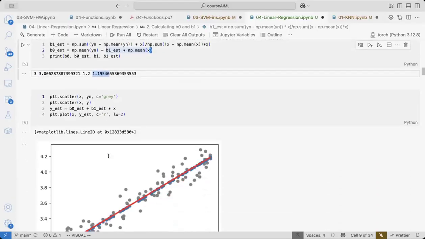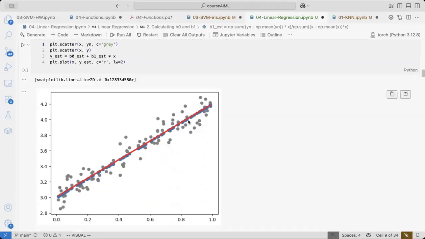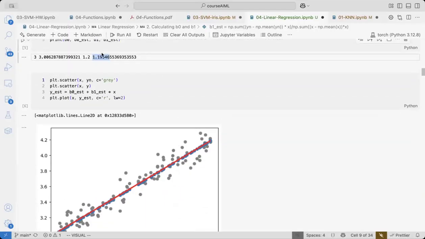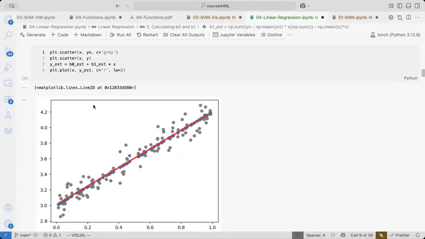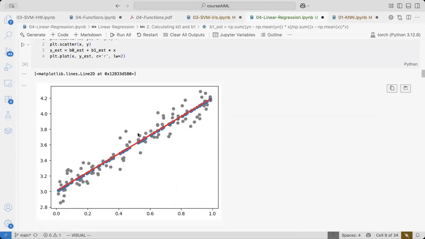In fact, the blue dots are the original, that's supposed to model the actual line. The red line is the fitted one. So its slope is slightly less than what it should be, and the intercept is slightly higher, so it's shifted up slightly. But it's pretty damn good.